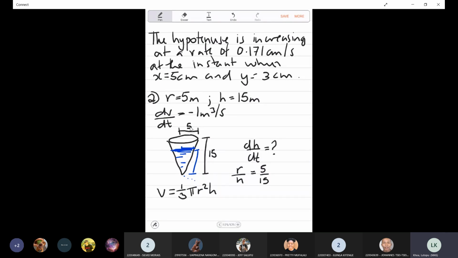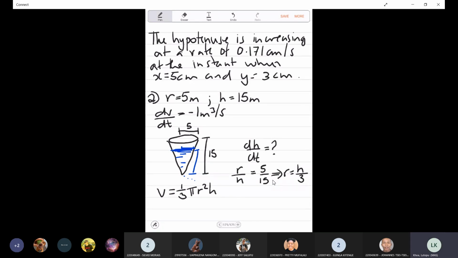And this 5/15 is the radius of the cone and the height of the cone, the way it is. So the radius and the height have a constant fraction. So from here I can work out r. This means that r is equal to h/3.